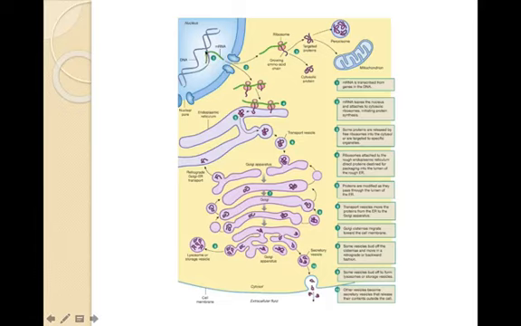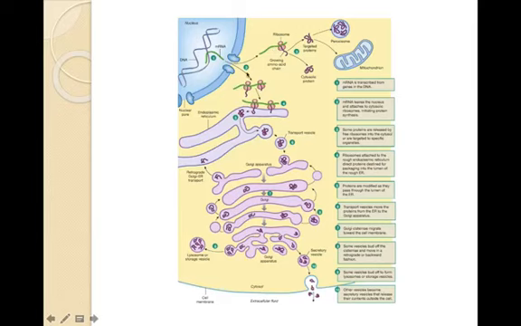Once the RNA is synthesized, it is then taken out of the nucleus and brought into the cytosol. Once it's in the cytosol, the mRNA can attach to ribosomes, and that mRNA can be translated into various proteins. And all of those various proteins have different fates.